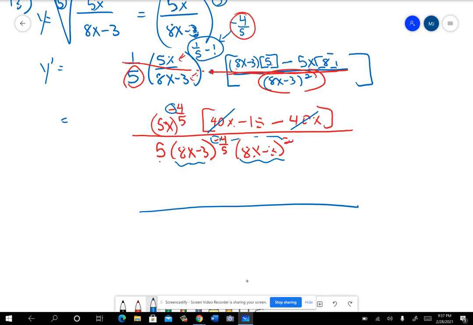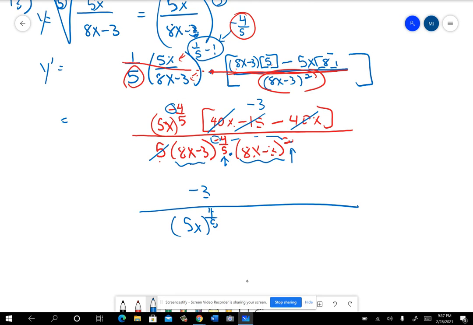Okay, something else I notice is 5 would go into -15 -3 times. Okay, so on top I have a -3. Okay, on the 5x to the -4/5, I would move down here and make 5x to the +4/5. Then these are being multiplied, and so I'm going to be able to add those exponents.